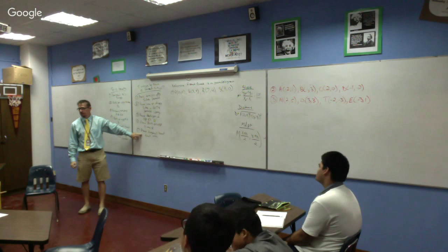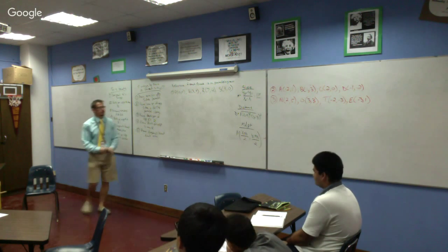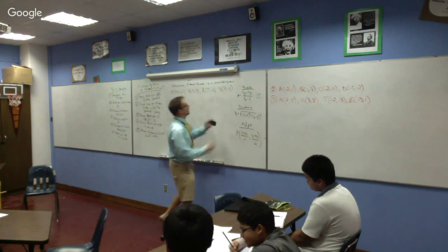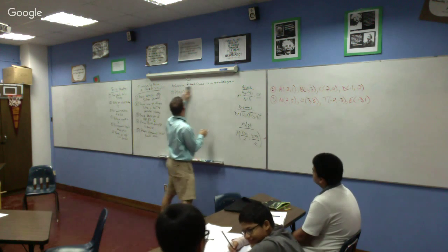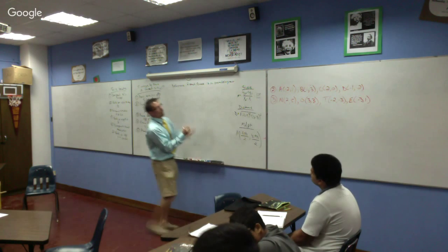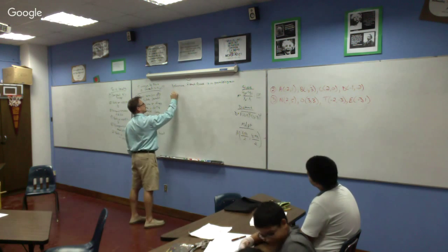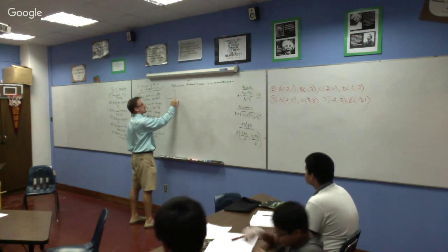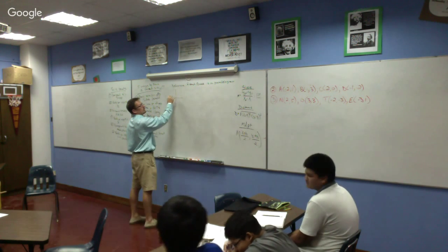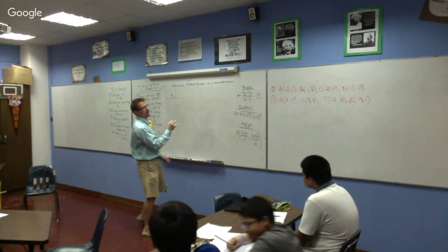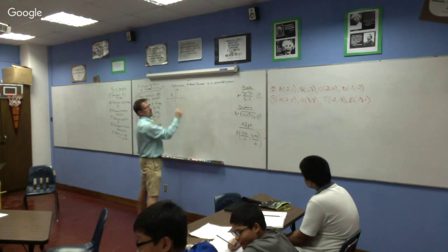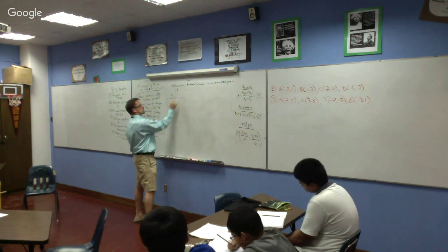Let's determine if the diagonals bisect each other. We're looking at the point A, -2, 1. Then B is 1, 3. C is 2, 0.